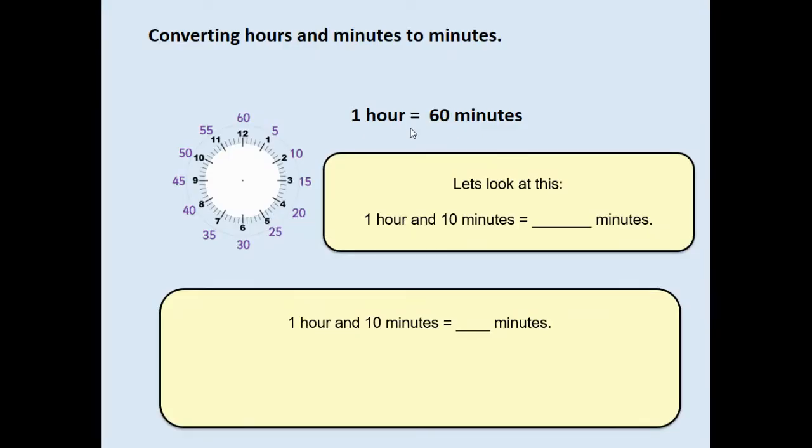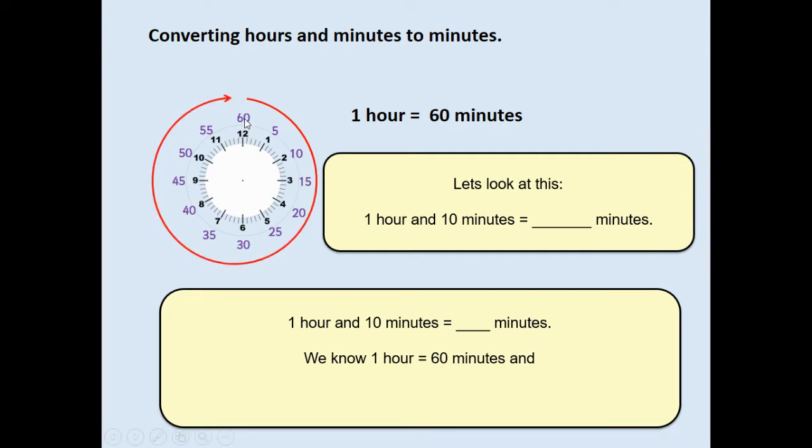Okay, what we're doing here is converting hours and minutes to just minutes. We're going to look at 1 hour and 10 minutes, and we're going to convert it to just minutes. We know that 1 hour equals 60 minutes. You can see my arrow. This is my starting point, and we're counting in fives going all the way around to 60.